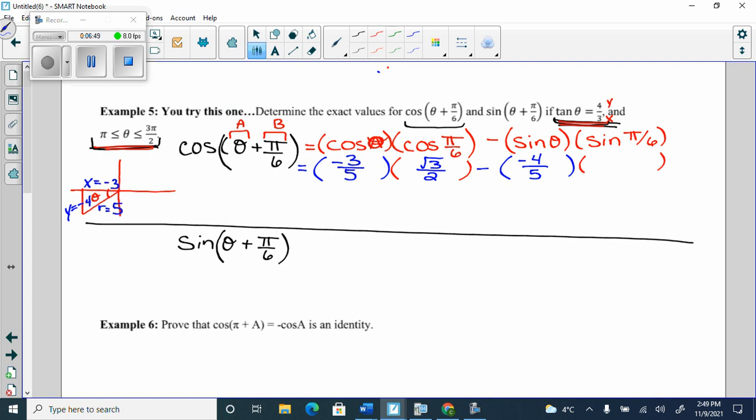Sine of pi over 6 is 1/2. So I multiply negative 3 times root 3 is negative 3 root 3 over 10, minus negative 4 times 1 is plus 4 over 10. So now I get negative 3 root 3 plus 4 over 10.